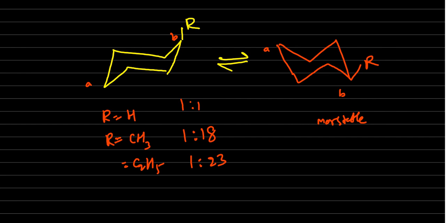If I take isopropyl group, then 1 to 38. If the R group is tertiary butyl, which I took in the last example, then it is 1 to 3800 times. That means if you take 38,000 molecules, one molecule is in the axial position and the remaining, almost 99 percent, exist in the equatorial position. This is equatorial, this is axial.